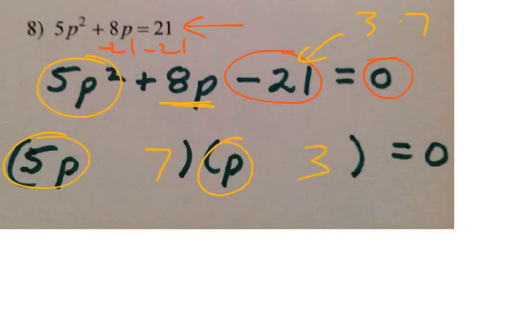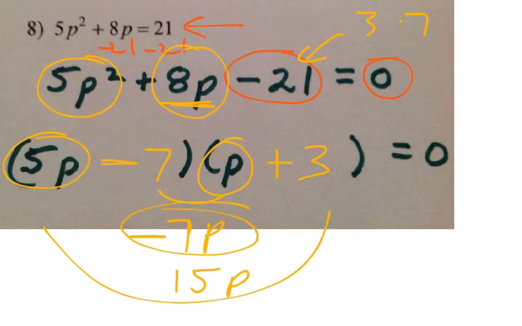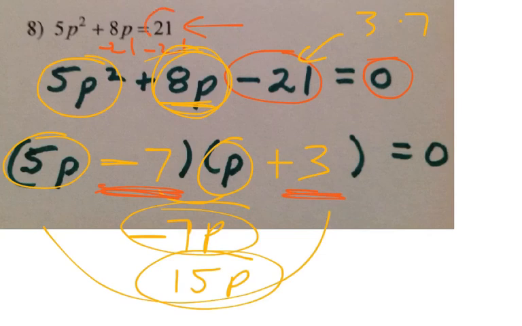Let's see what happens. Here I have 7p. Here I have 15p. I can get an 8 if I do 15 minus the 7, right? So minus there guarantees a minus 7p. The plus there makes 3 times 5, 15p. 15 minus 7, of course, is the 8p. And if you follow the red, negative 7 times 3 will give me that minus 21.